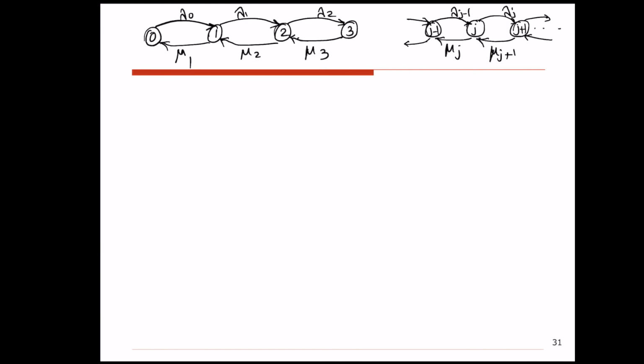And we assume that in a general scenario, the rate of arrivals to the system depends on the number of entities in the system, and the rate of departures from the system also depends on the number of entities in the system. That's why I use lambda 0, lambda 1, lambda 2, all the way to lambda infinity, as well as mu 1, mu 2, mu 3, and so forth.